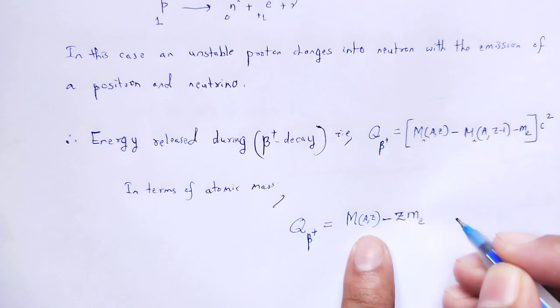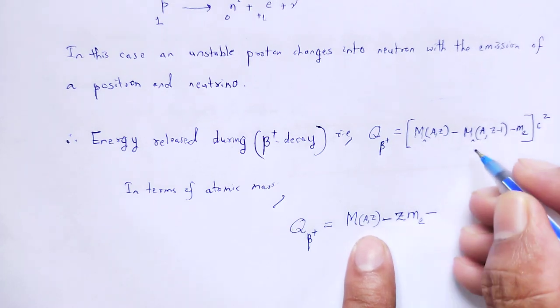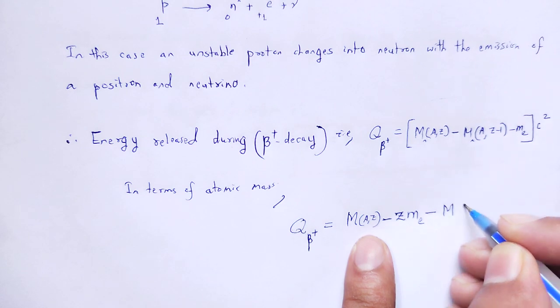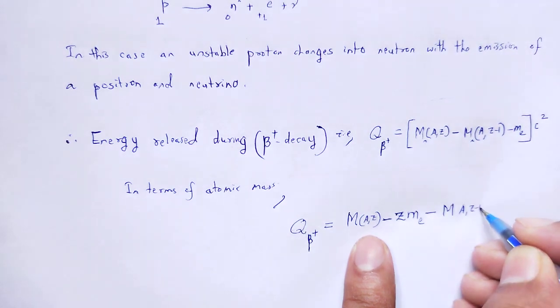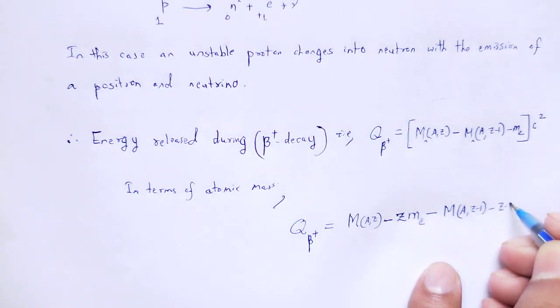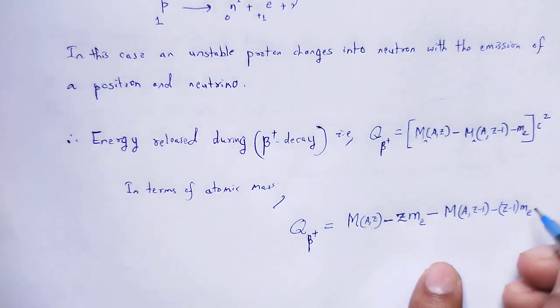Next, minus for the daughter nucleus, minus Z minus 1 times the mass of the electron.